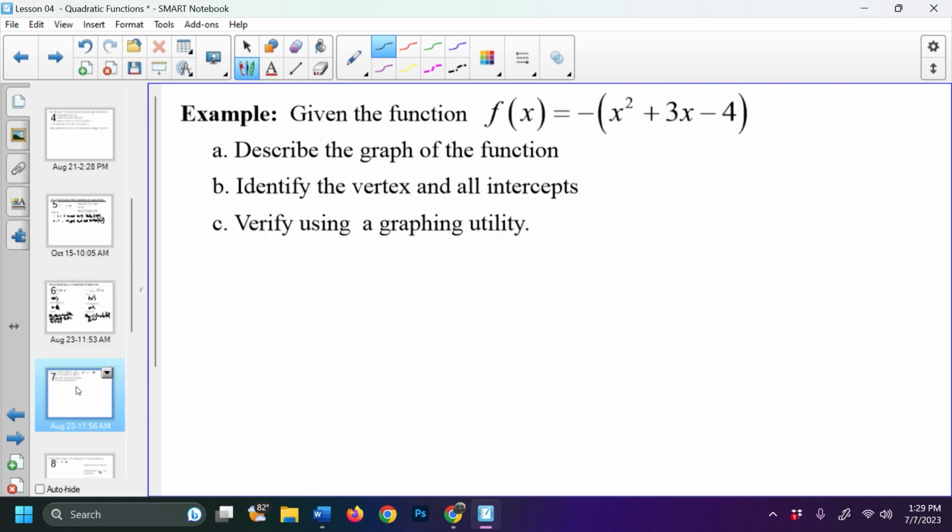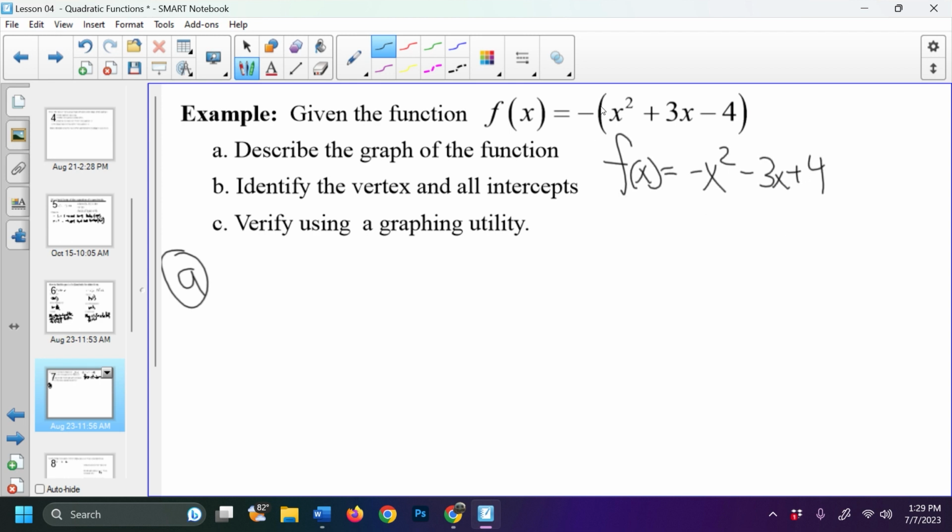Okay, example. Given the function f of x is equal to negative quantity x squared plus 3x minus 4, describe the graph of this function. So part A, just for the sake of being able to see it a little bit easier, let's distribute this negative and say f of x is equal to negative x squared minus 3x plus 4.